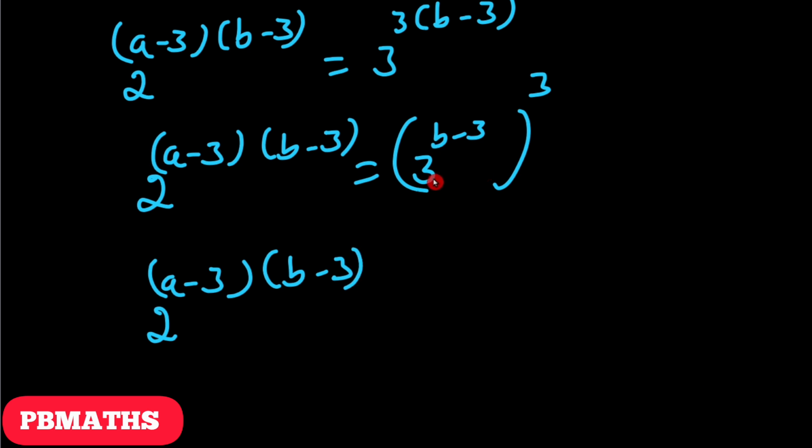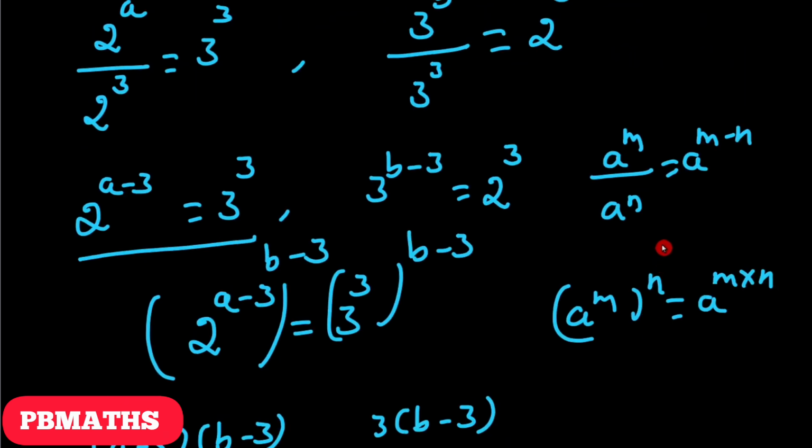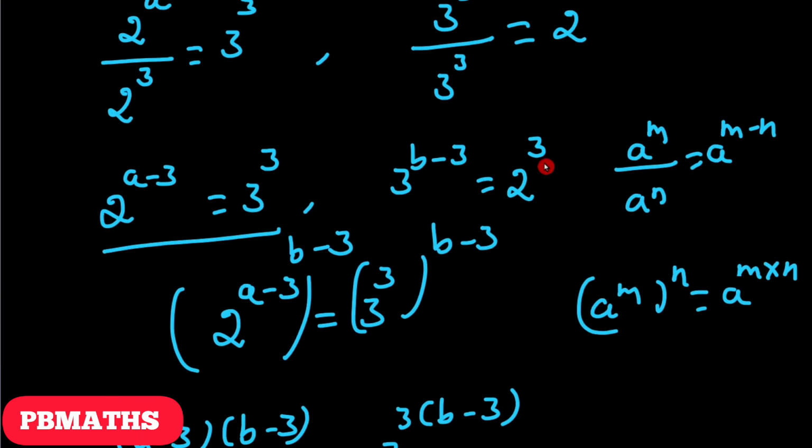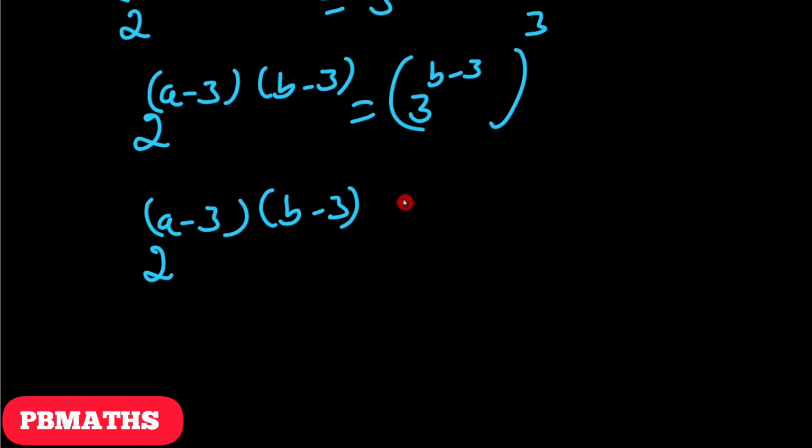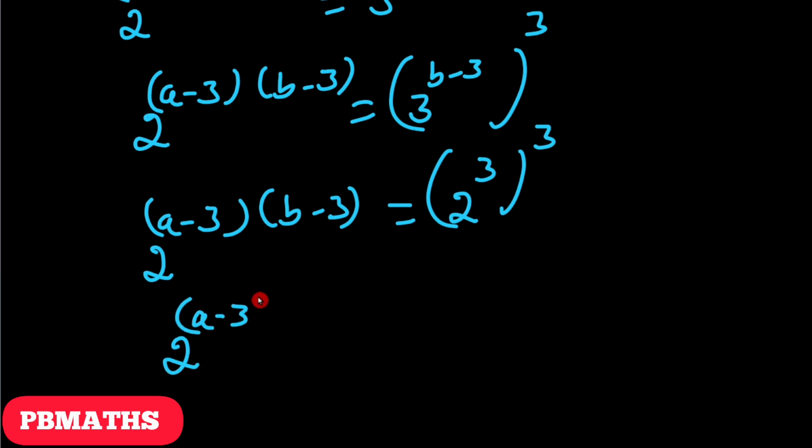We know that 3 to the power b minus 3 is equal to 2 to the power 3. So we will substitute that here as (2 to the power 3) to the whole power 3. Now again we will keep this LHS part as it is.